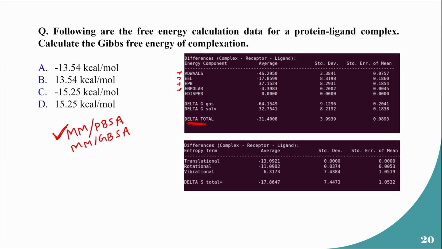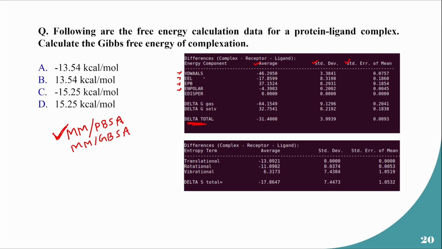You'll notice first an average value, and then the related standard deviation and standard error of mean also. Since this is calculated from a trajectory, which is a collection of snapshots, the values are calculated for each individual snapshot, and then you take an average. The program does that for us, and then reports the average value as well as the associated standard deviation and standard error of mean.